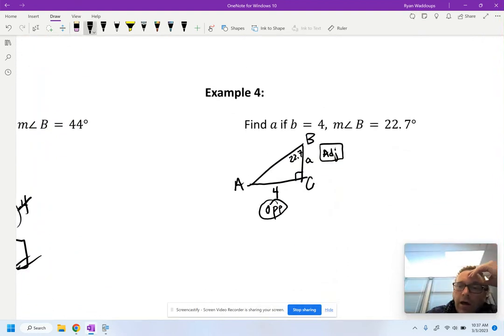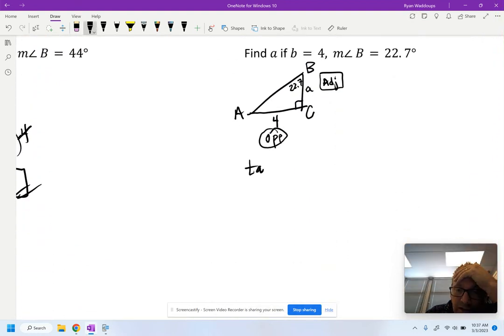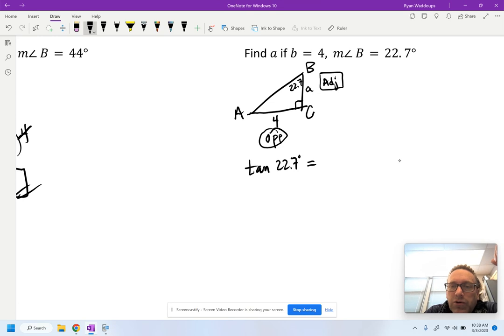So we go back down here and we say the tangent of 22.7 degrees is equal to the opposite, 4, over the adjacent, A. This is another one where I've got to multiply by A to get it out from under the denominator, and I have to do that to both sides. So that gives me A tangent 22.7 degrees.